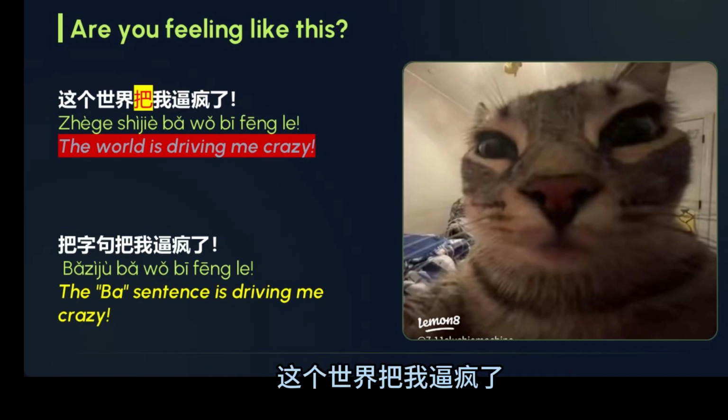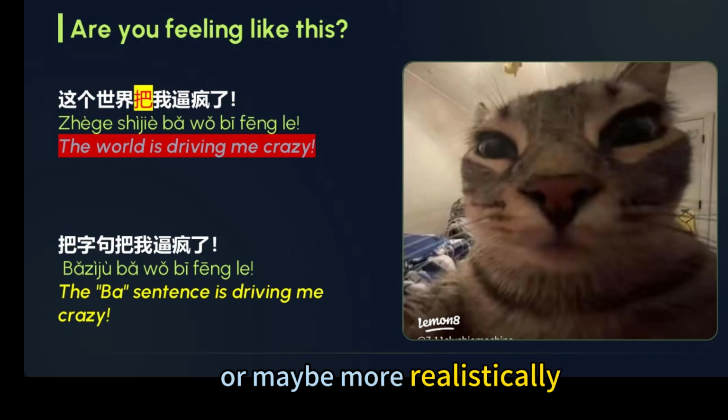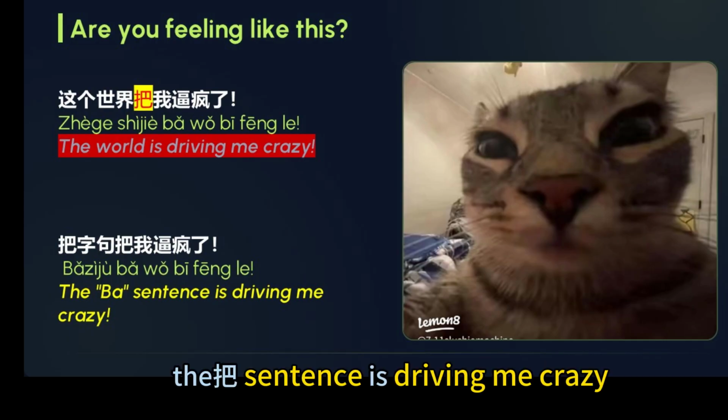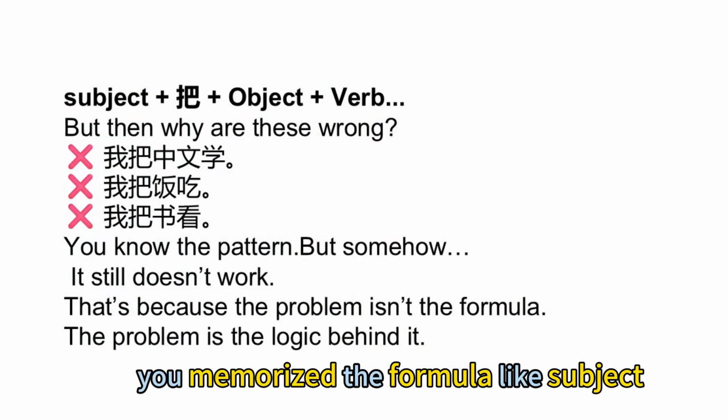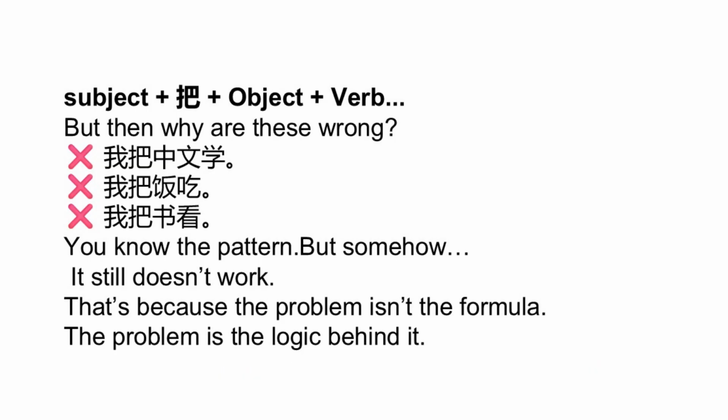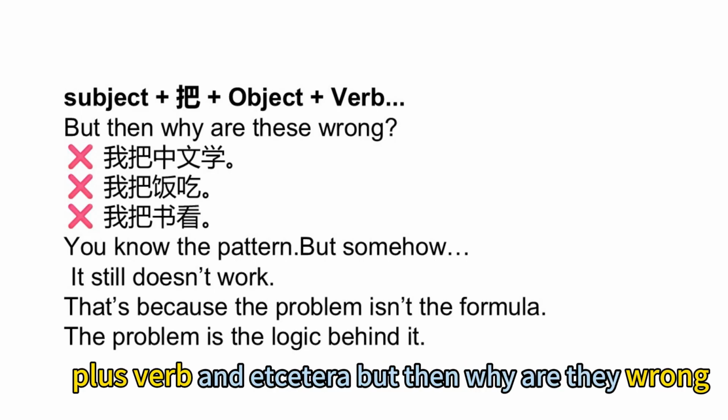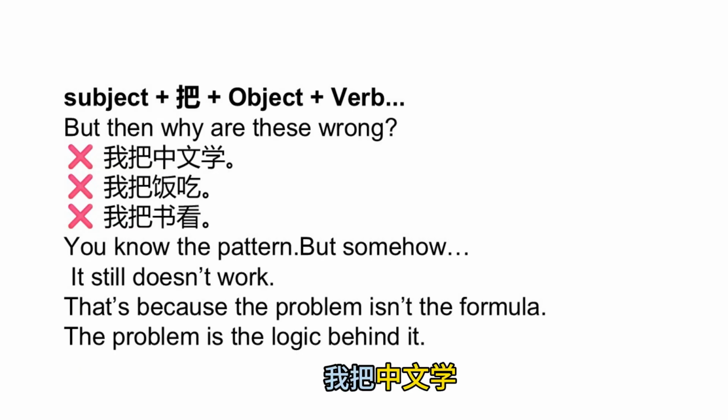这个世界把我逼疯了. Or maybe more realistically, the 把 sentence is driving me crazy. 把字句把我逼疯了. You memorized the formula: subject plus 把 plus object plus verb, etc. But then why are they wrong? 我把中文学，我把饭吃，我把书看.